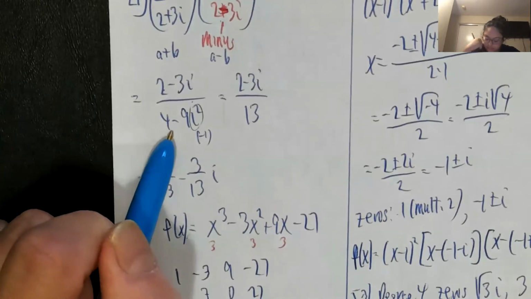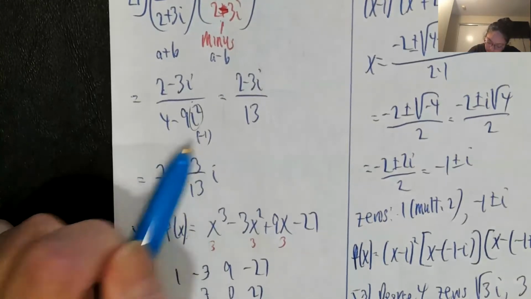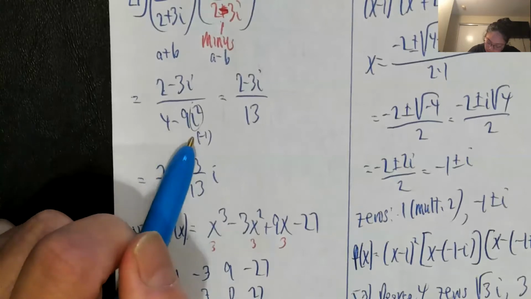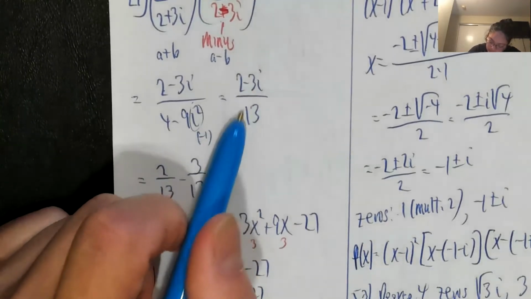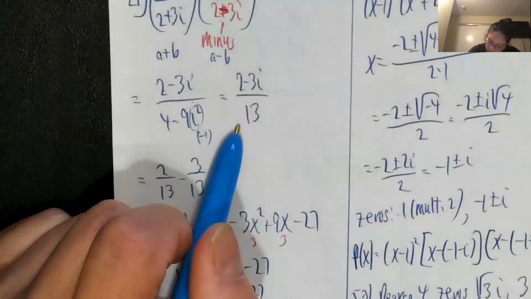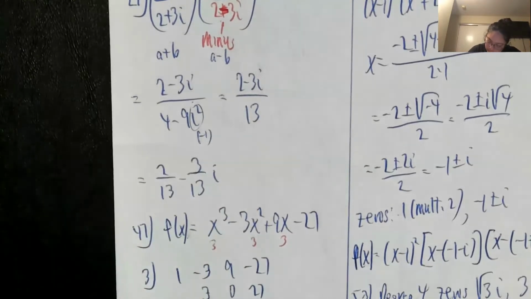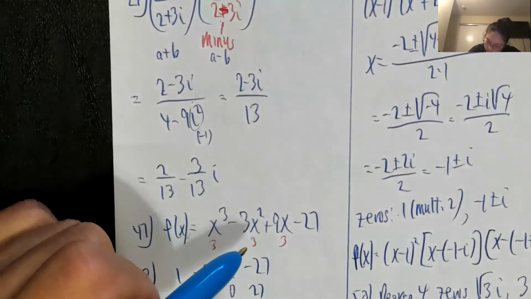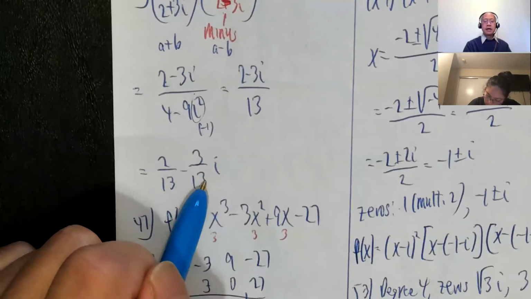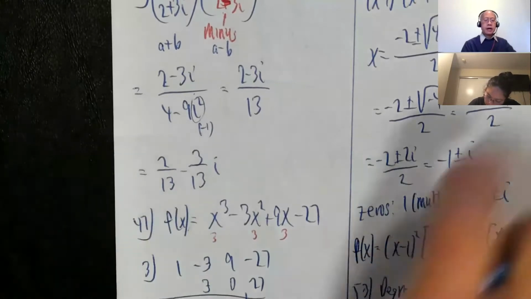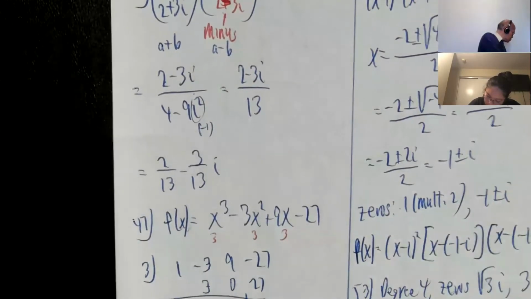So 4 minus 9i squared, and i squared is -1. So it's 4 minus 9 times -1, which is 4 plus 9, 13. So I have 2 minus 3i divided by 13. And they just split it into 2. So break it into 2/13 minus 3/13 i. That way I can write it as a real part and an imaginary part. Okay.